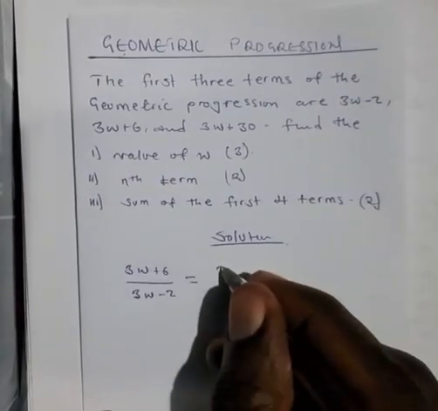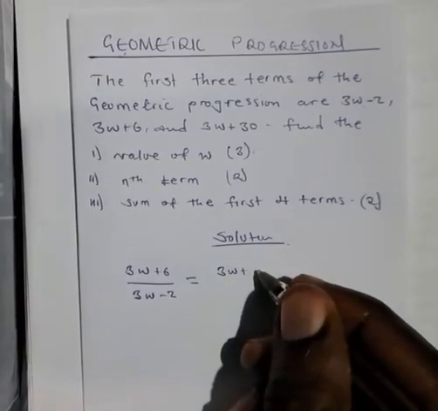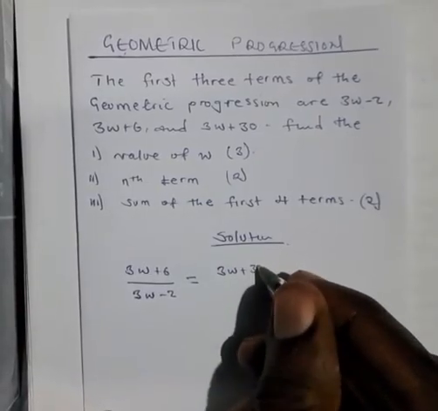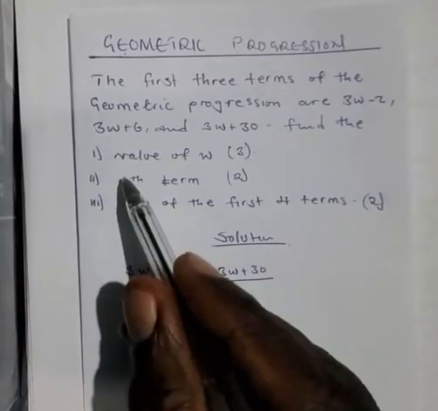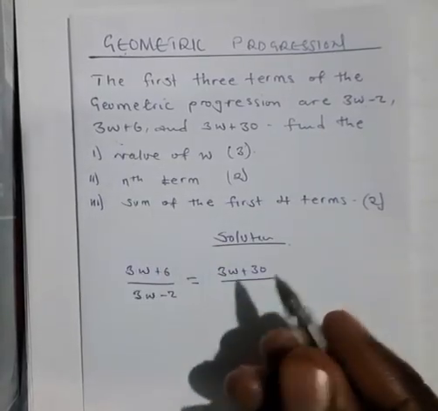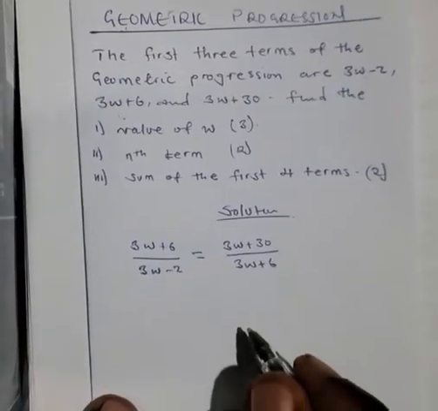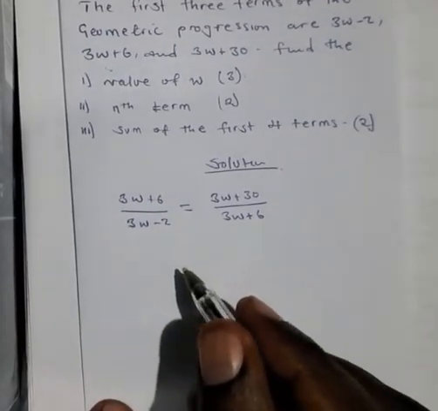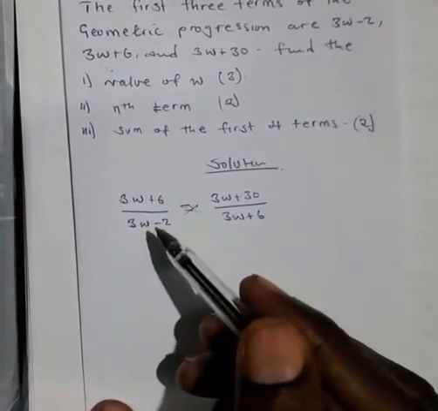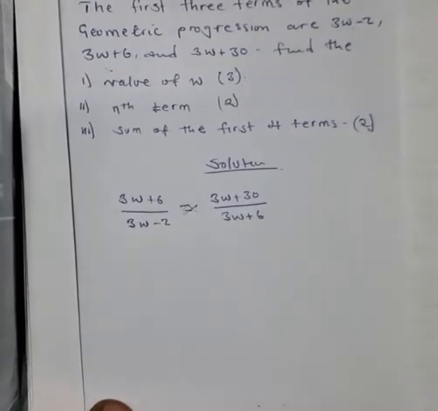This one, 3w plus 30, over the second term, 3w plus 6. So let's go ahead and cross multiply.